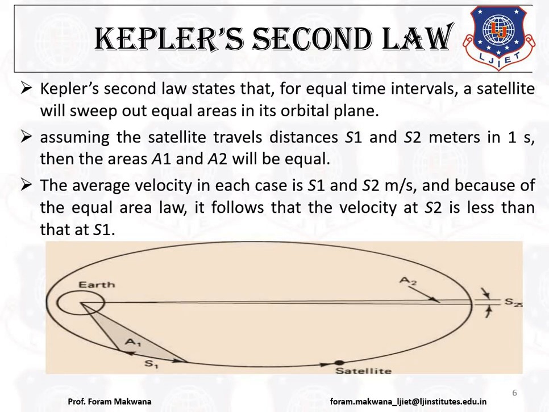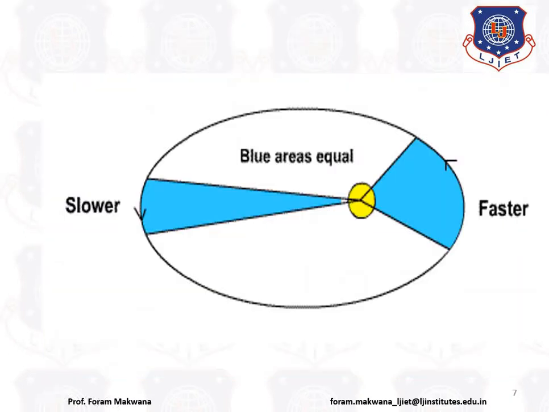And how is velocity at S2 less than S1? I'm going to explain with one diagram. Over here you can see that this is Earth and this is the orbit on which a satellite is rotating. You can see that these points are nearer to the Earth and this point is farthest from the Earth on this orbit.